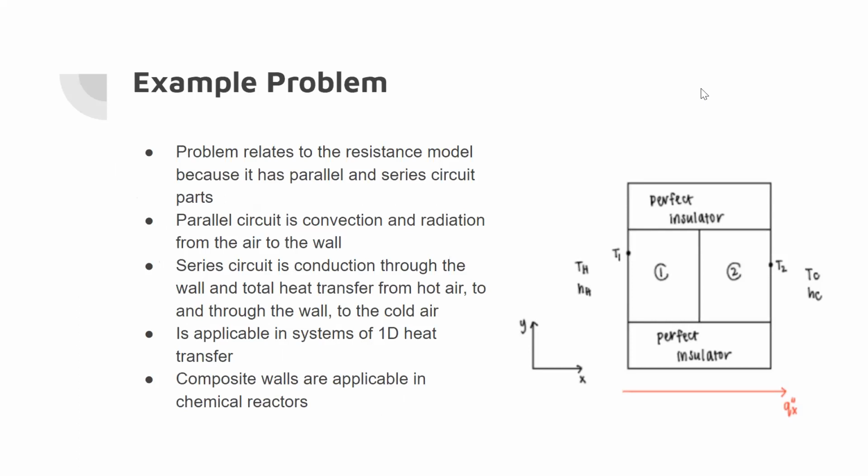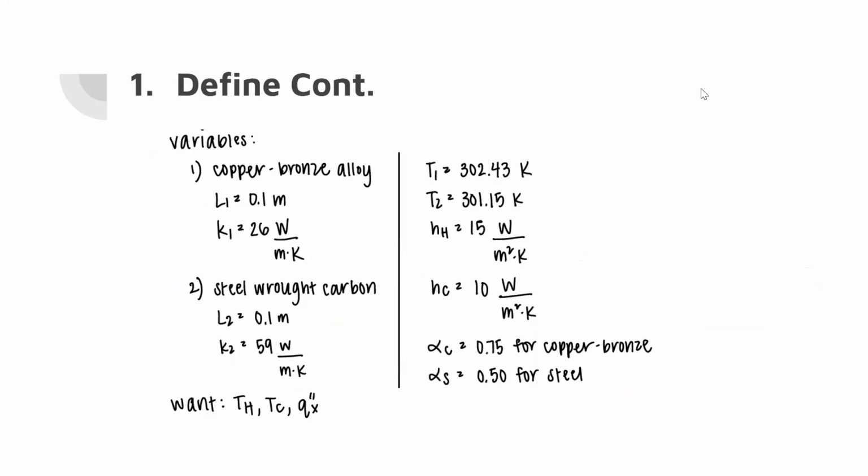So then the first thing we need to do is define our variables. We're using a copper bronze alloy, so L1 is 0.1 meters, K1 is 26 watts per meter Kelvin.